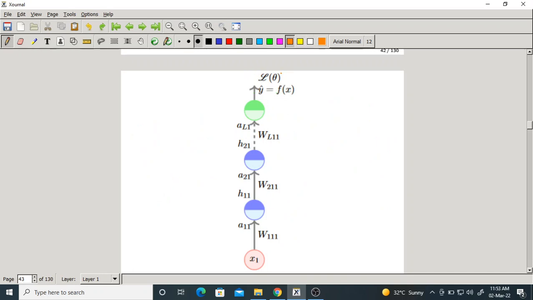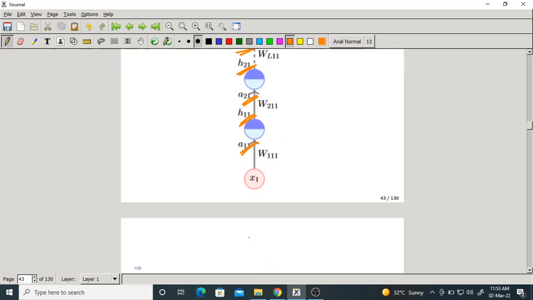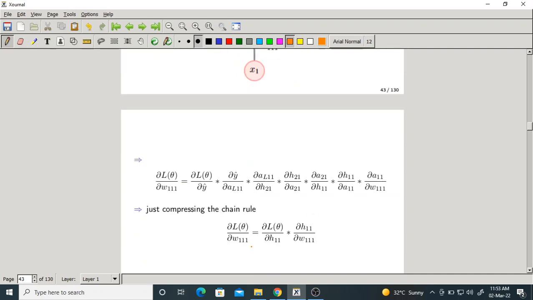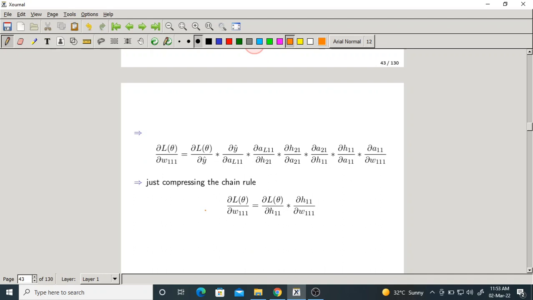Dou L theta by dou y cap, this is the output layer. Dou y cap by dou AL11, dou AL1 by dou H21, dou H21 by dou A21, dou A21 by dou H11, dou H11 by dou A11, dou A11 by dou W111. This is the compressed form of the chain rule.